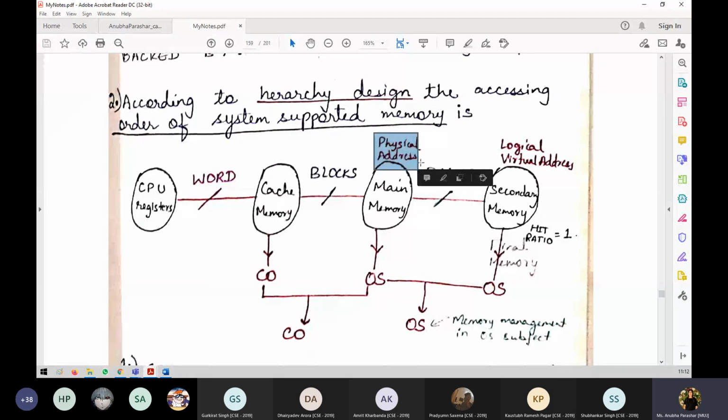Physical address space, PAS. If you are going for a GATE exam, keep in mind that physical address space or PAS refers to main memory. Logical virtual address or logical virtual space is depicted by secondary memory.